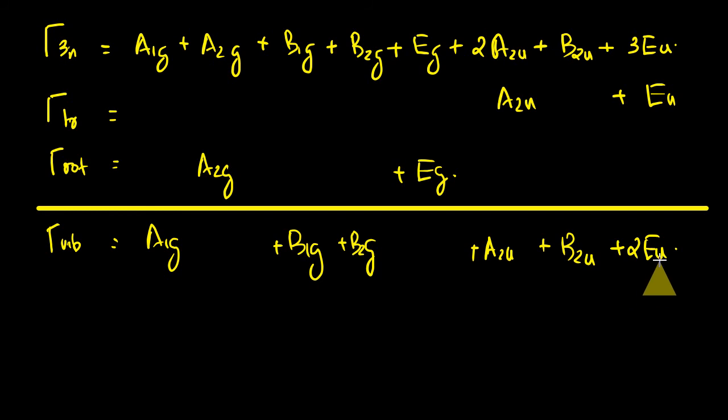So the symmetry of the normal modes of vibration in the case of the AB4 type of molecule is A1g plus B1g plus B2g plus A2u plus B2u plus 2Eu.